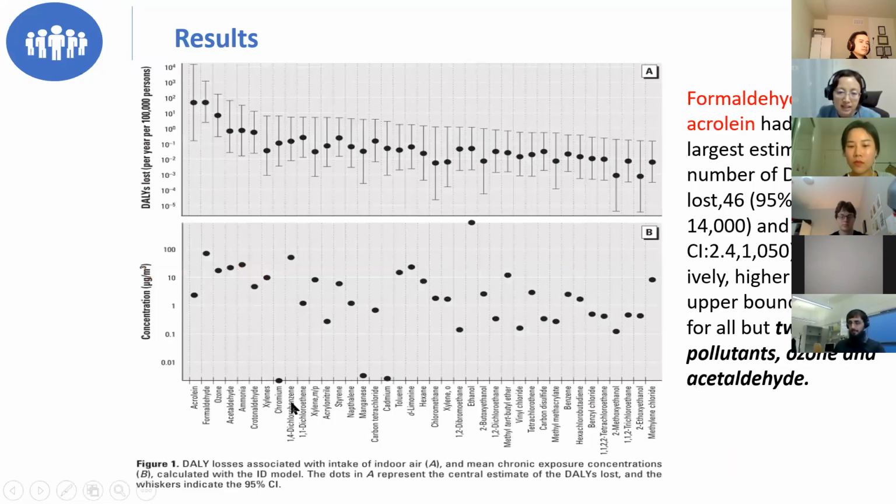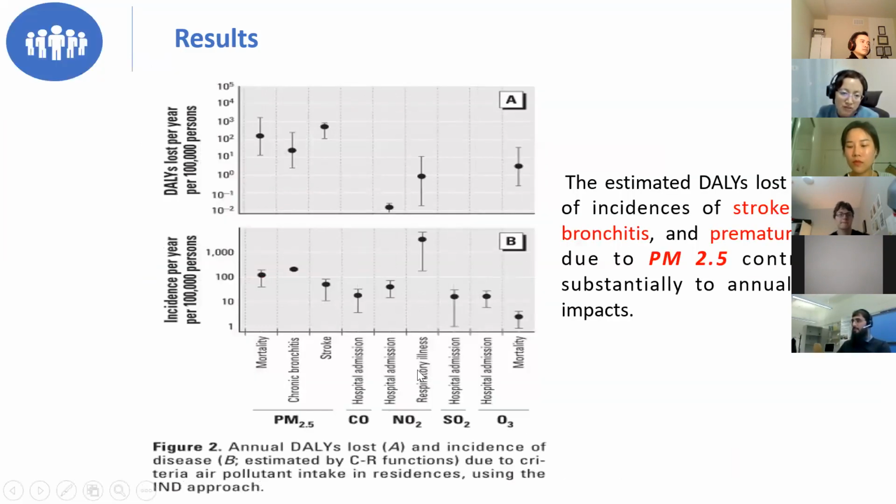We can see that from the left to the right, there's a trend of a little bit lower and reduced contribution to the whole health burden. And in this chart, formaldehyde and acrolein had the largest estimated number of DALYs. The next chart is about five of the common air pollutants, including PM2.5.